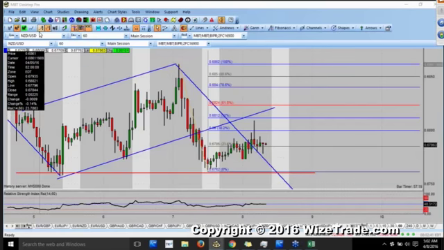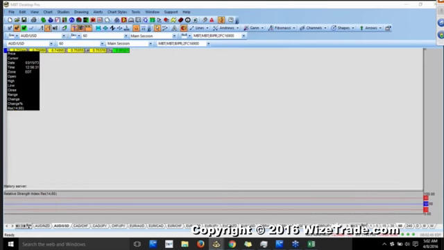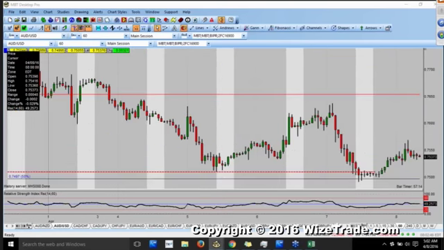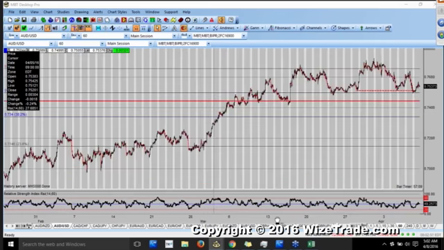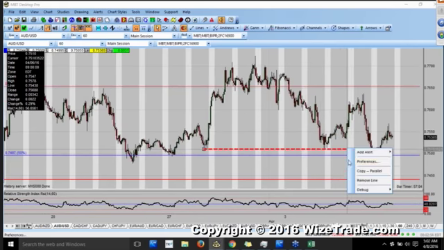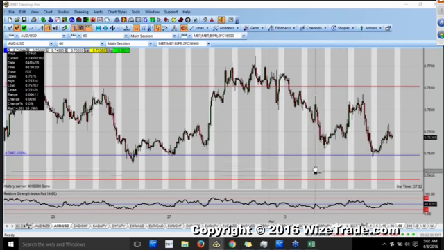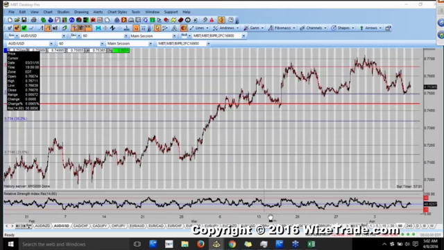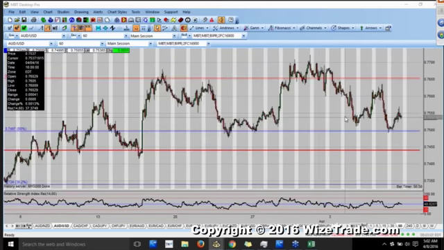Okay, let's go over to the Aussie. Here's the Aussie dollar. The failed rally attempt above 77 cents.